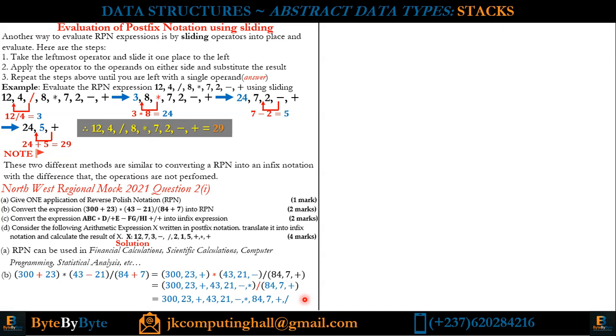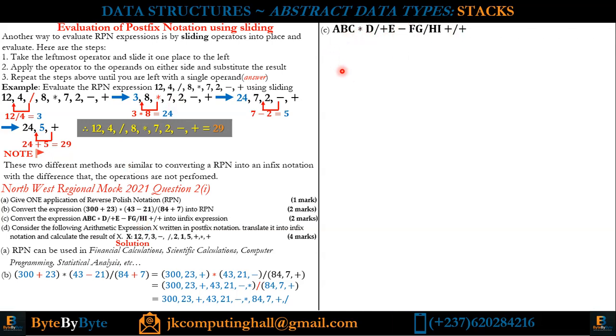We move to the C part. Convert the expression A B C star D divided plus E minus F G divided H E plus divided plus into infix expression. So we can either use a stack or a sliding, but we are not operating. First of all, we cannot operate here because they are just variables. So what do we have? This is my expression.